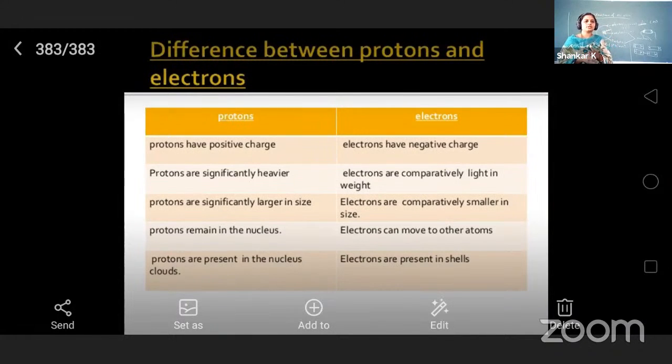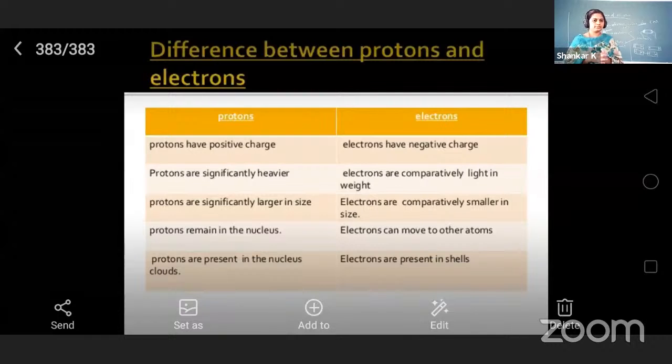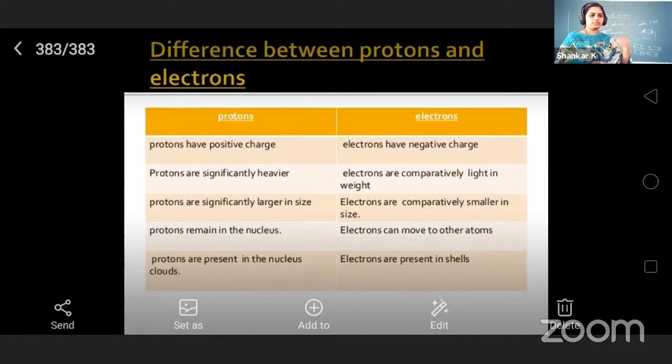Electrons are comparatively light in weight. Protons are larger in size and electrons are smaller in size. Protons remain in the nucleus. Electrons can move to other atoms also.